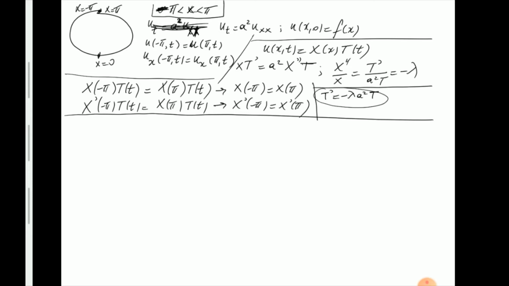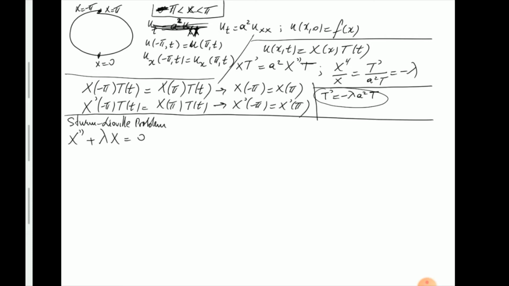We're going to do this after I identify, of course, the eigenvalues. And the eigenvalue problem, or the Sturm-Liouville problem, will be X double prime of little x. I'm not going to write of little x anymore. So plus lambda X equals 0.